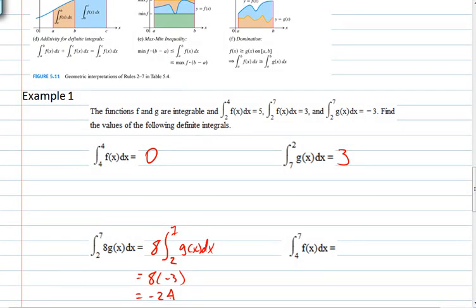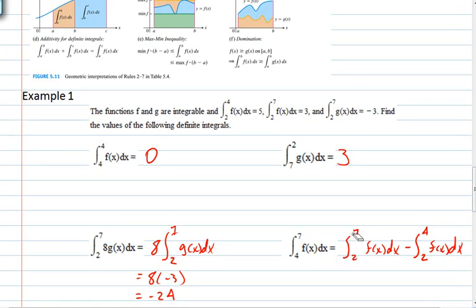Here we have the integral from 4 to 7 of f of x dx. That's equal to the integral from 2 to 7 of f of x dx minus the integral from 2 to 4 of f of x dx, isn't it?